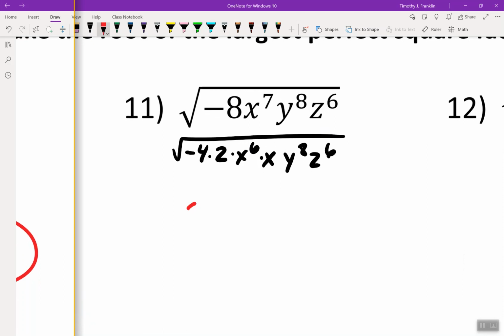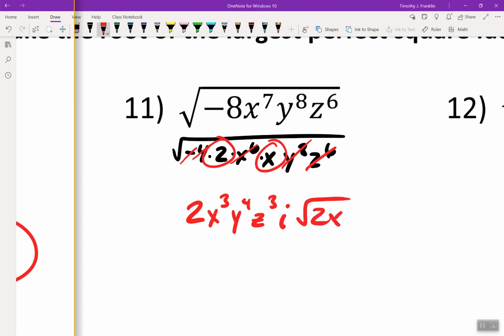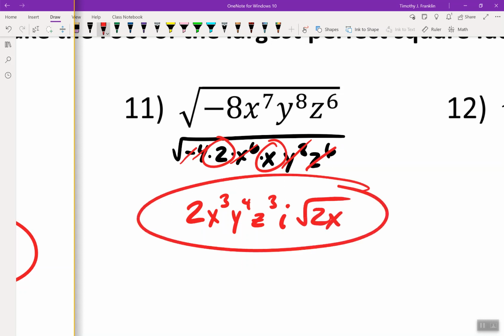The 4 gives us a 2. x to the 6th gives us x to the 3rd. y to the 8th gives y to the 4th. z to the 6th is z to the 3rd. The negative sign gives us an i. And then what's left over is a 2 and an x. So in the radical, we still have 2x. And that's as much as we can do on that problem.